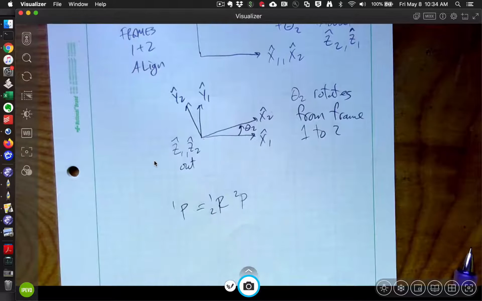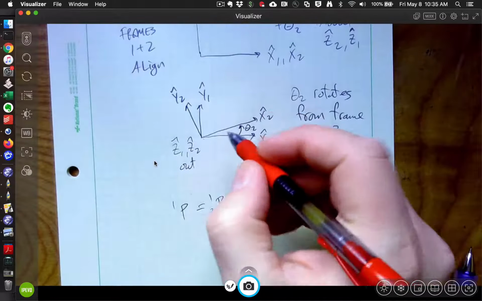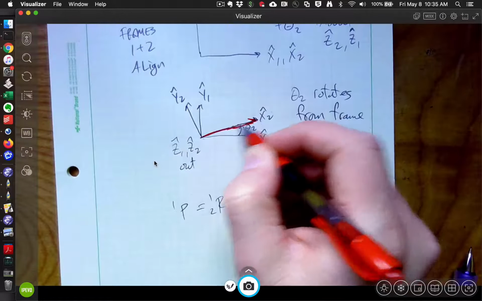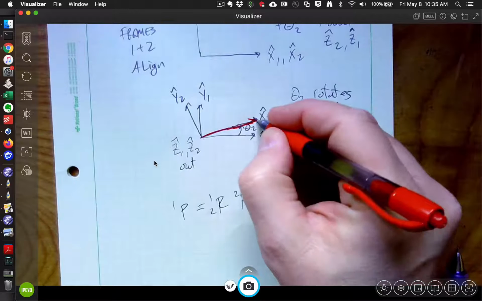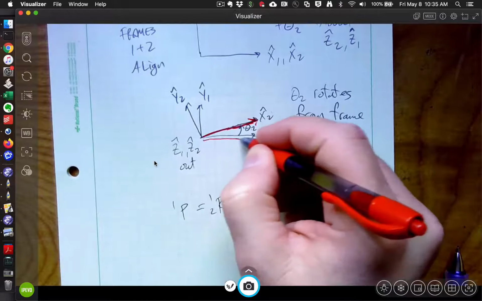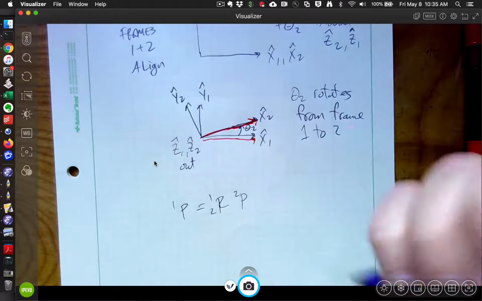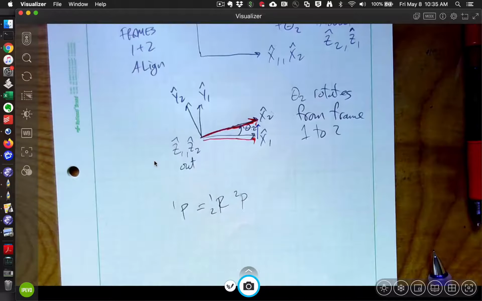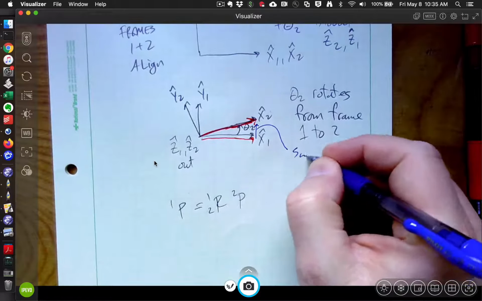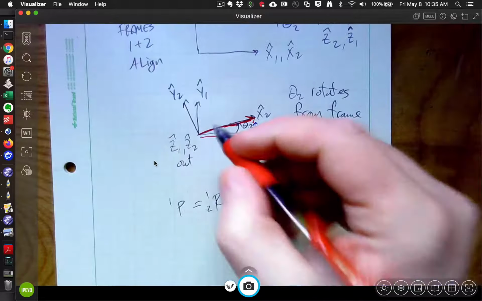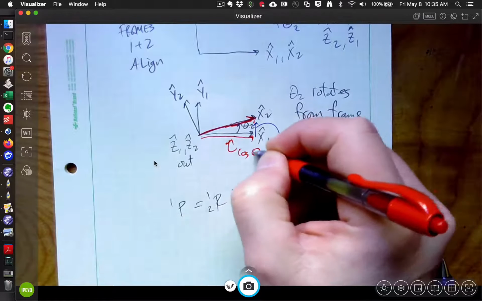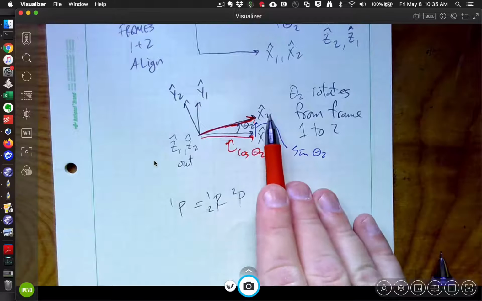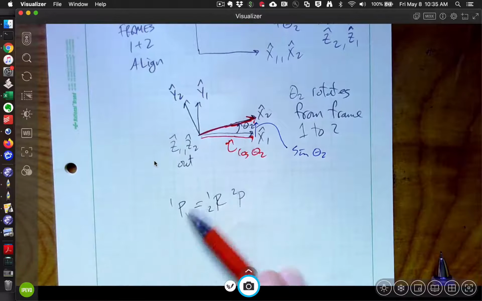Now, knowing that, when we talk about x2 hat, if we know what this rotation matrix does, then we're trying to find x2 hat's components along x1 hat and along y1 hat, and both of those are positive in frame 1. We know that this is sine theta 2, and we know that this is cosine theta 2. And those represent the mapping of x2 hat back to frame 1, and they're both positive.